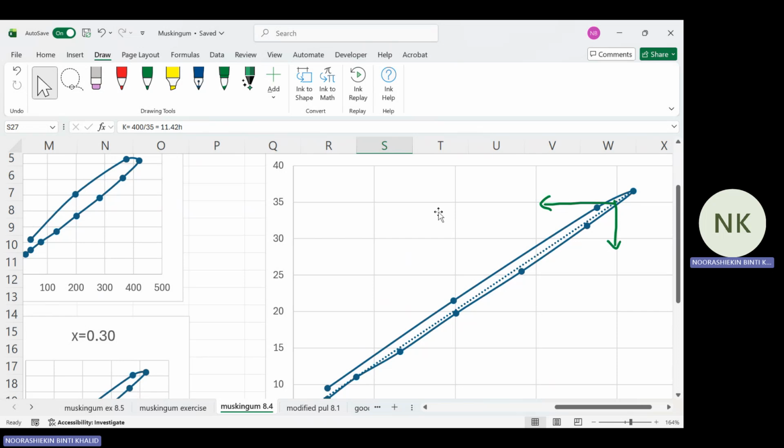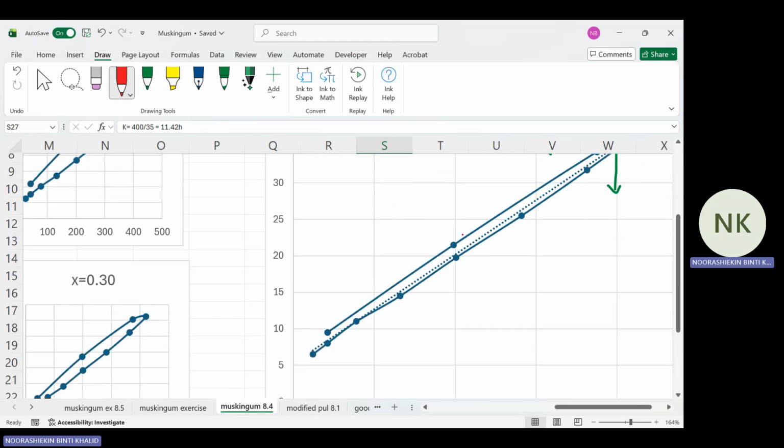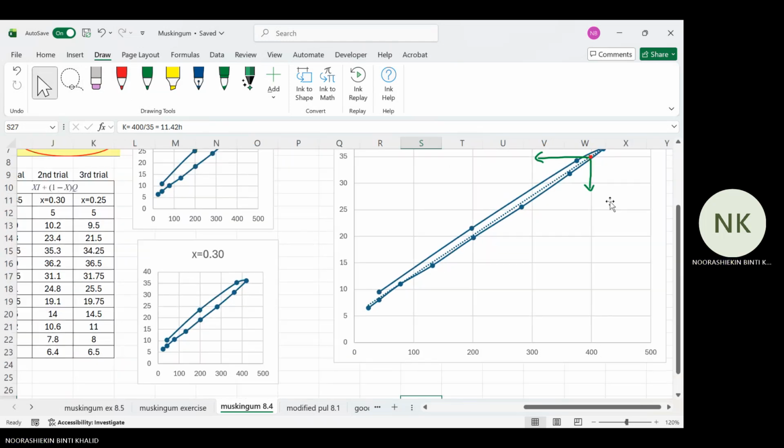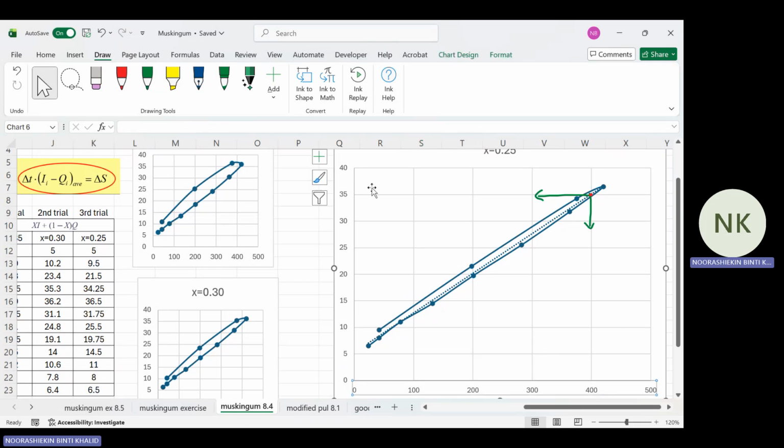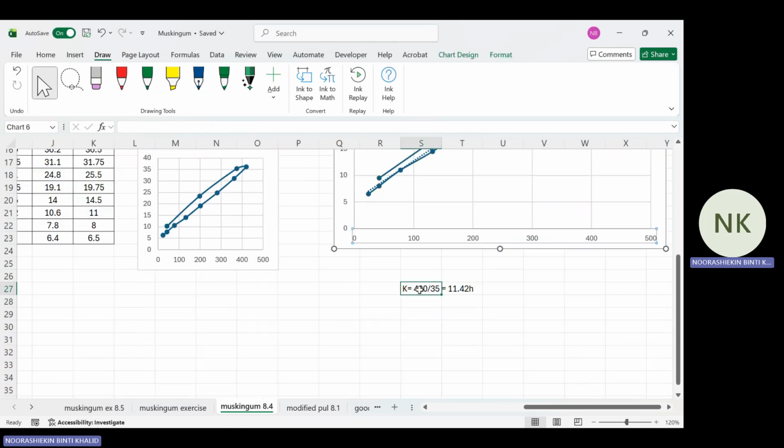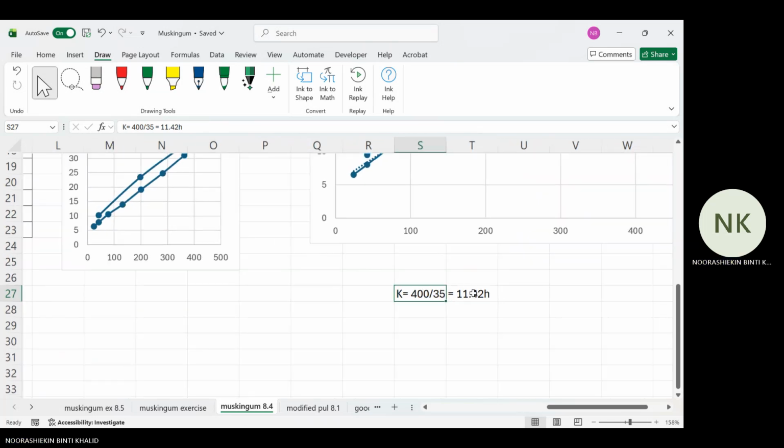So I pick this line, I pick this point, and then I got the slope. The slope becomes k, 400 divided by 35. So I got k equal to 11.42 hours.